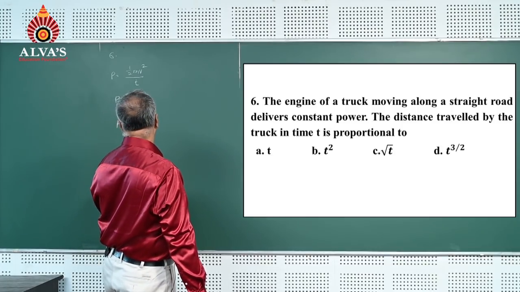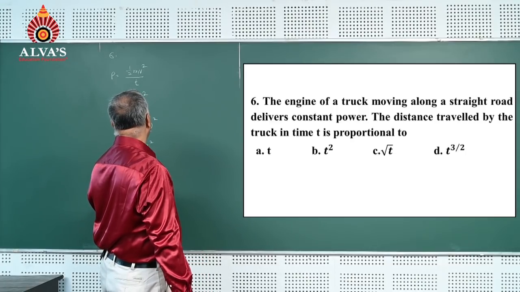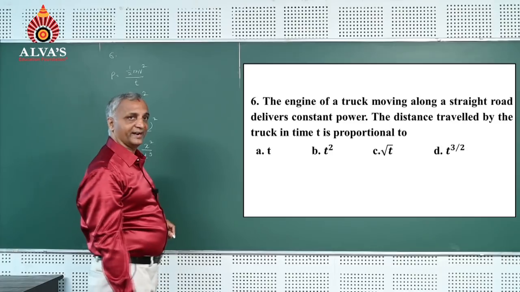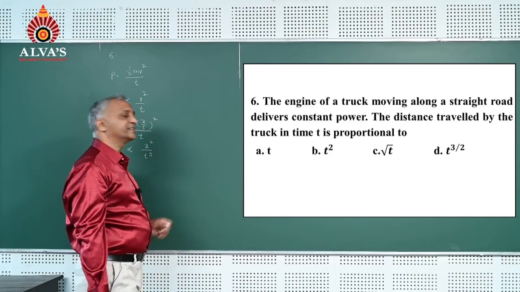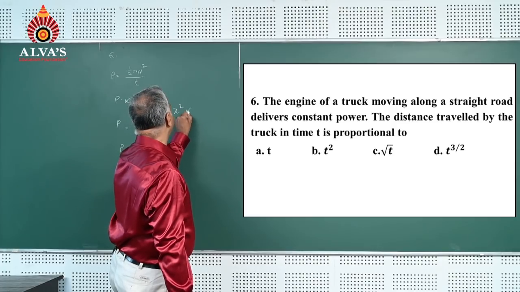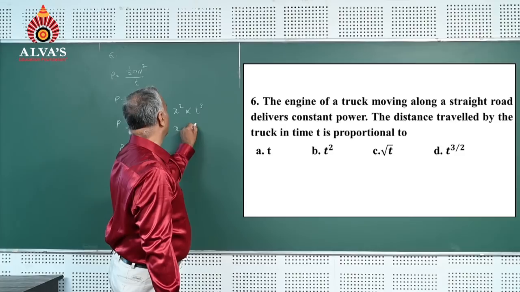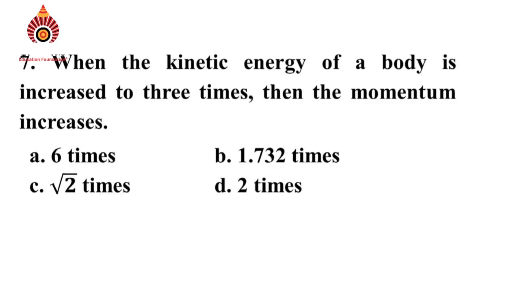So I can write this power is proportional to x square divided by t cube. I want to find out what is the distance traveled, and so x square is proportional to t cube, or x is proportional to t to power 3 by 2. So I'll go for option D.